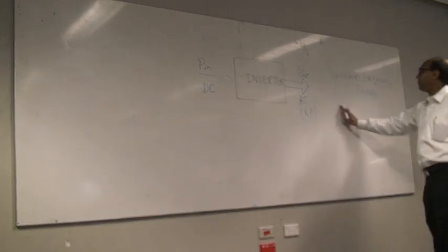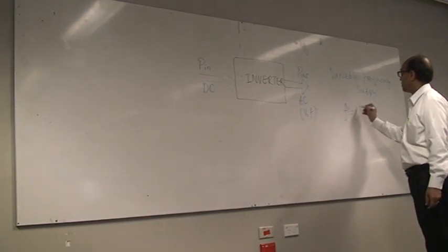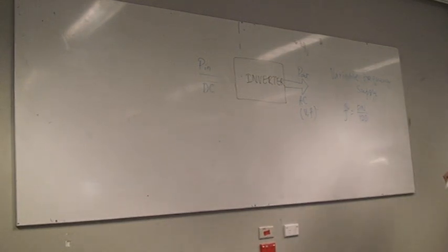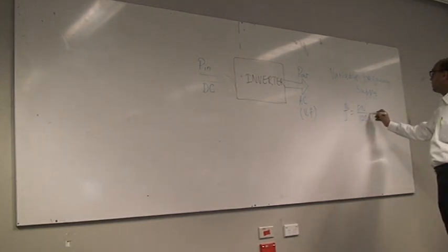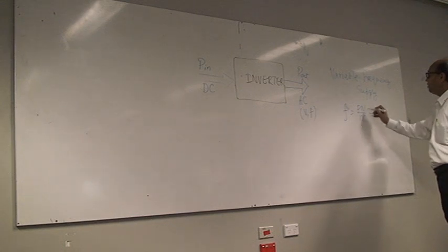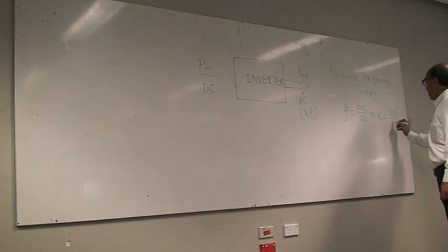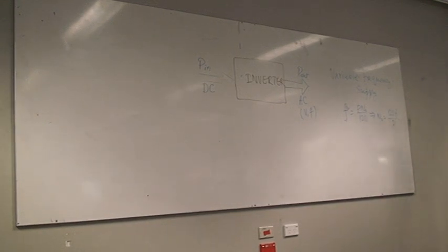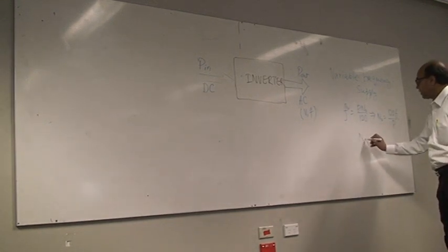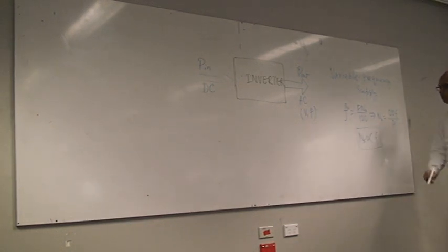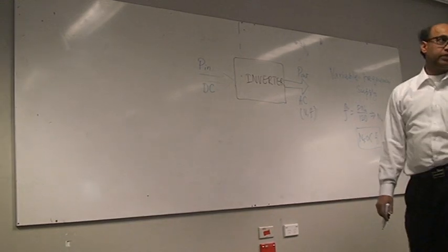This comes from the fact that the frequency of the supply and the speed are related by these equations. That means the synchronous speed, which is 120 f by P. So what it tells you is that the synchronous speed is basically proportional to the frequency of the supply.